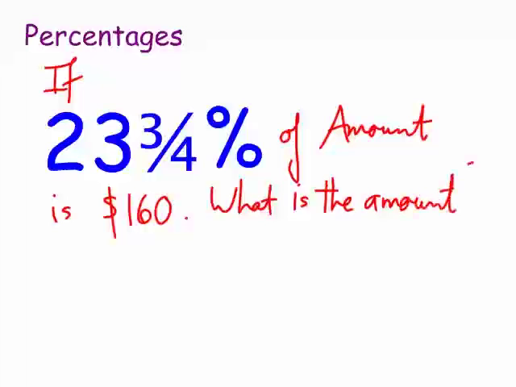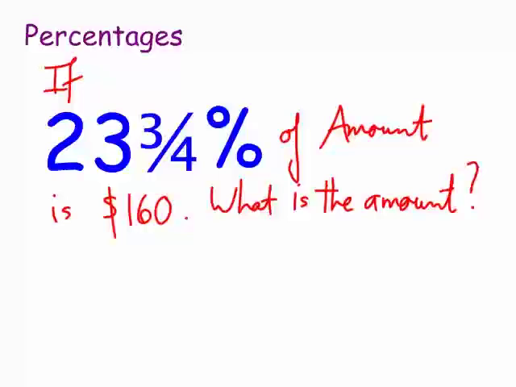And that's the question. So the unitary method is along the lines of: a percentage of an amount is something, in this case $160. We know we've got 23.75%, and that is $160. And just as a rough guess, that's nearly 25%, so it should be roughly 4 times 160.